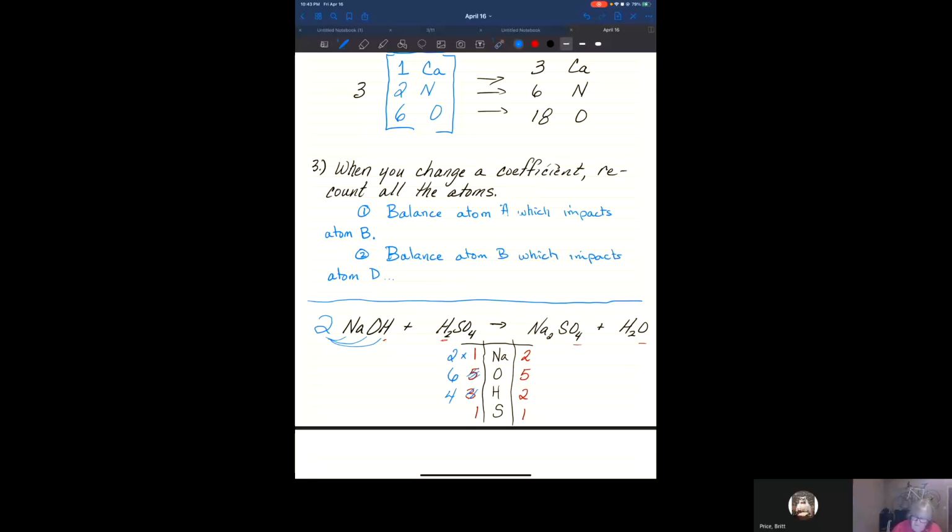That's the one I want to do. So now the lowest common multiple between 4 and 2 is 4. So I'm going to be multiplying by 2. So that means I'm going to be putting a 2 up there.